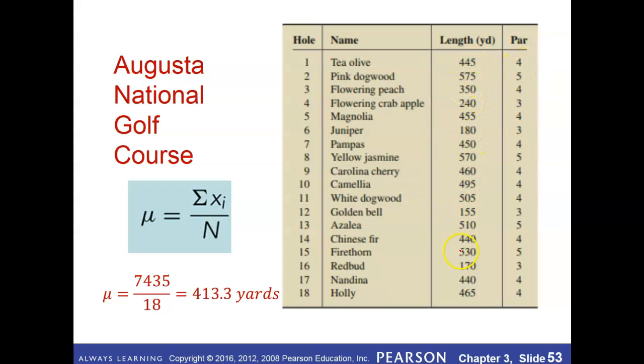If we take all of these lengths in yards and average them together, we add them all up individually, 445 plus 575 plus 350, and so on, and then divide by 18 holes because there are 18 of them. We get an average of 413.3. That's what is designated by mu.